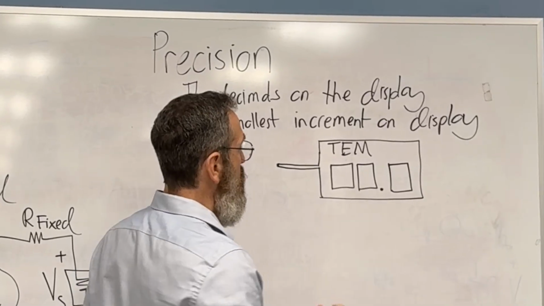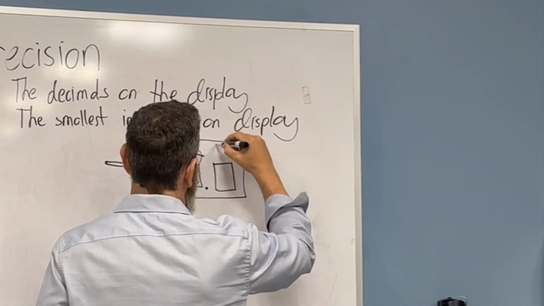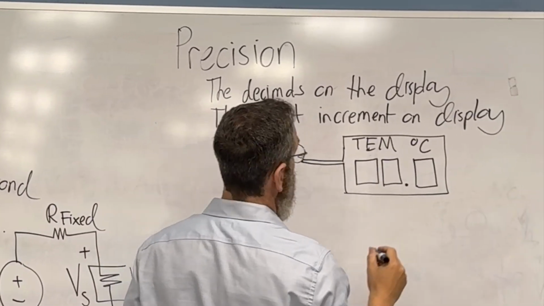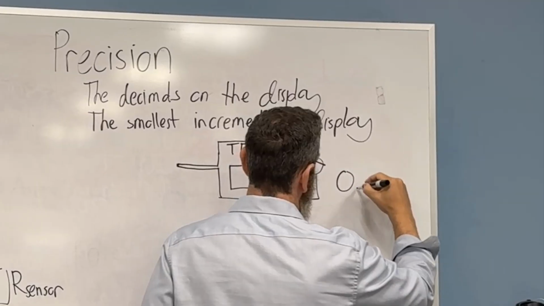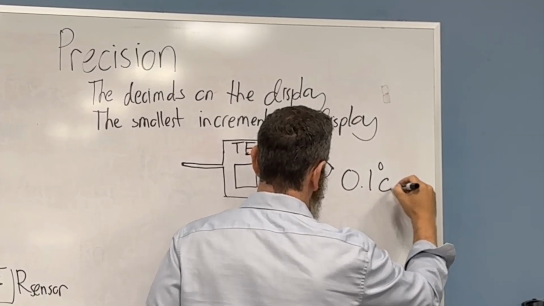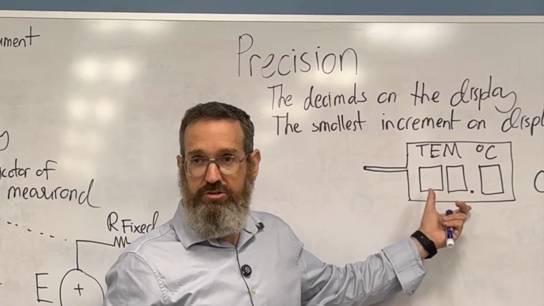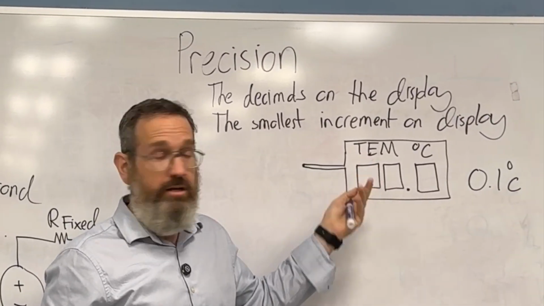In this case, we would give this device a precision of 0.1 degrees C, because that is the most that it can report, the most that it can resolve.